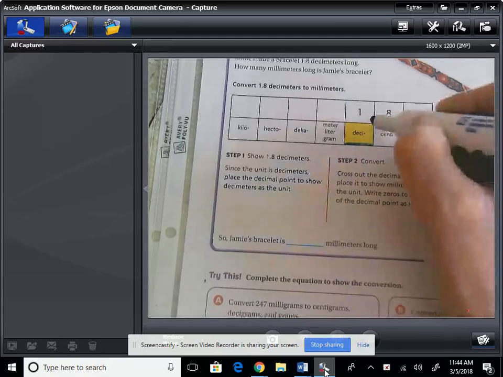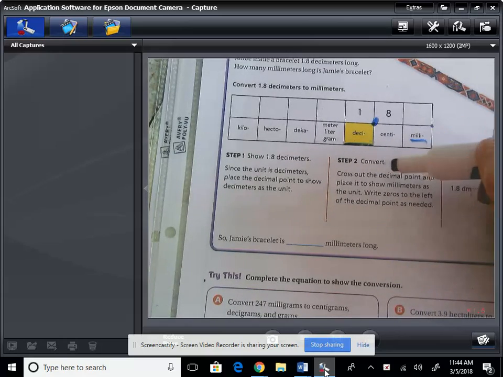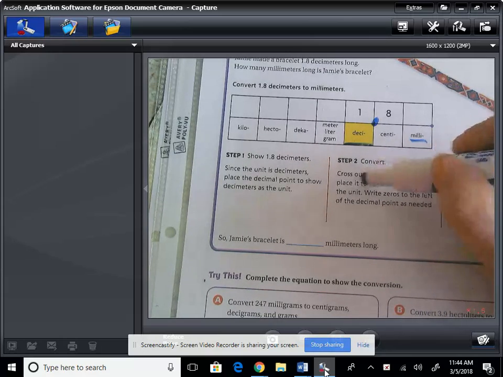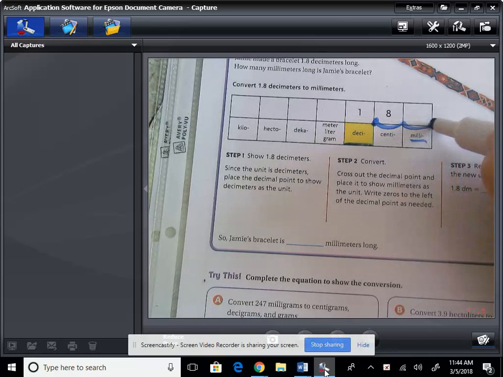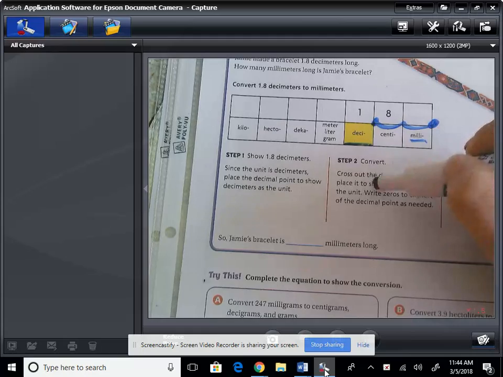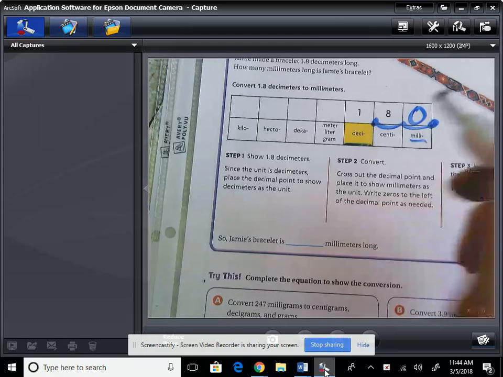All right, so we did that right here. So it's 1.8. And cross out the decimal point and move it to show a milli. So we got to get way over to here to show a milli, and write a 0 in here. So what did we end up doing? We changed it to 180.